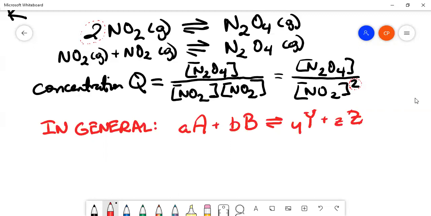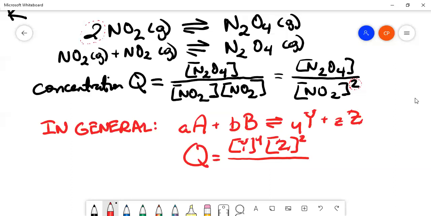If I know that this is the nature of the reaction going, the reaction quotient for this reaction will be the activities of the products raised to the power of their stoichiometric coefficients divided by the activities of the reactants raised to their stoichiometric coefficients.